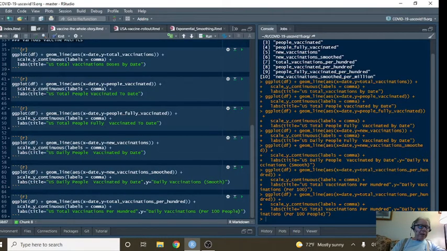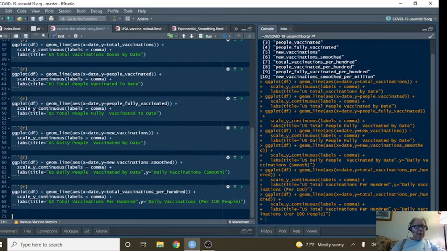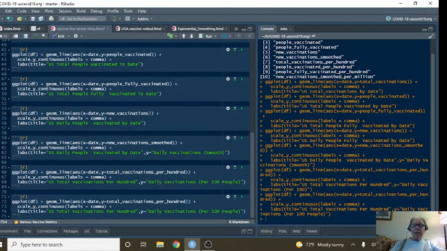So, as is usually the case, smooth numbers can be helpful. These are totals to date, or cumulative totals, per 100 people. So this number, as with the COVID-19 cases and deaths, is always going to go up. You always have to keep that in mind. Okay, so we got total vaccinations per 100.